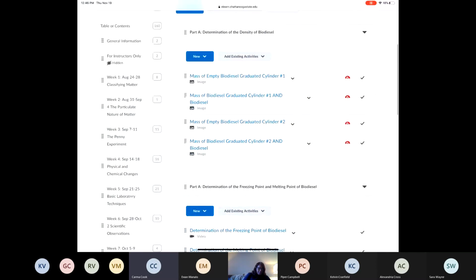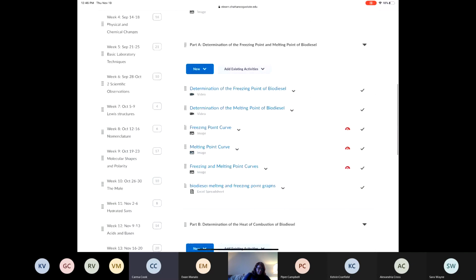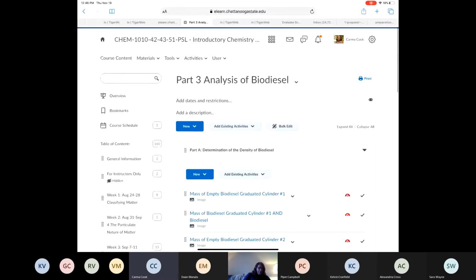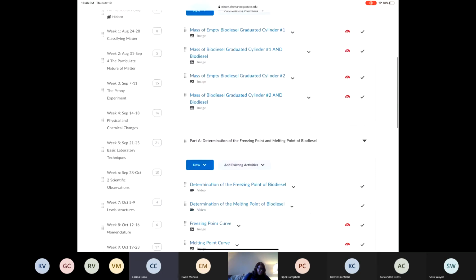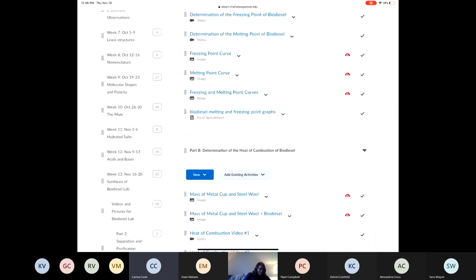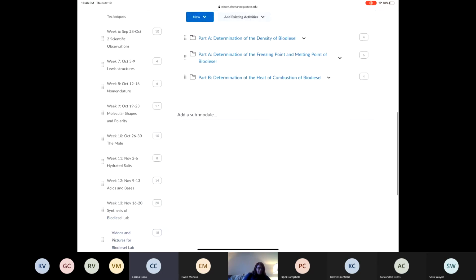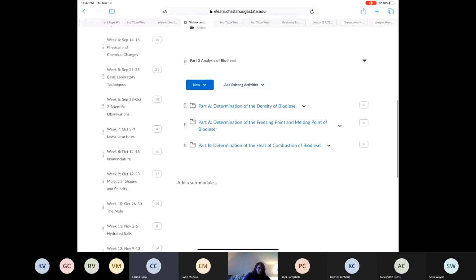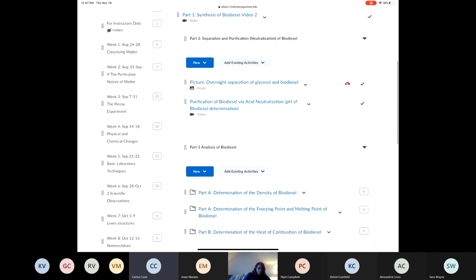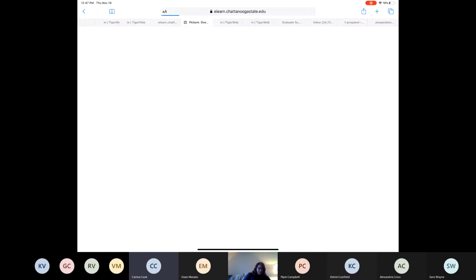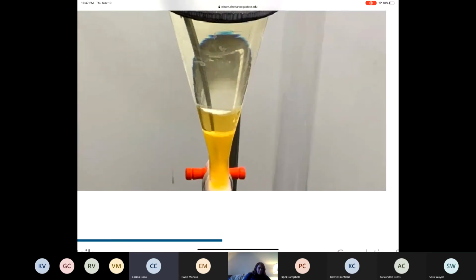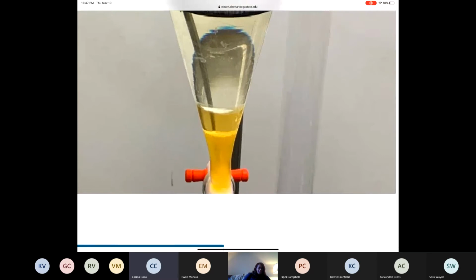It should make perfect sense that when I went in the next day and separated the biodiesel from the glycerol, the glycerol is the bottom layer because it's heavier. It has the higher density.